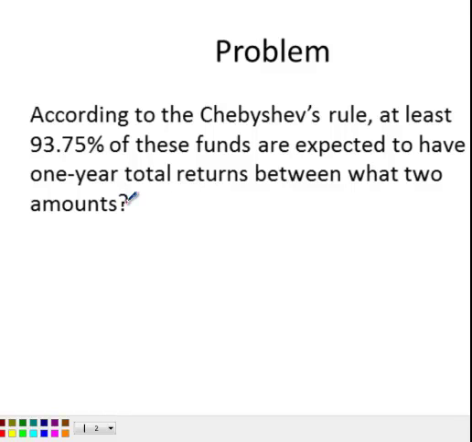Now, according to Chebyshev's rule, at least 93.75% of these funds are expected to have 1 year total returns between what two amounts? Well, what I'm going to do is set this equal to 0.9375. I'm going to change that percent to a decimal. And I'm going to solve for k, because k will tell me how many standard deviations.